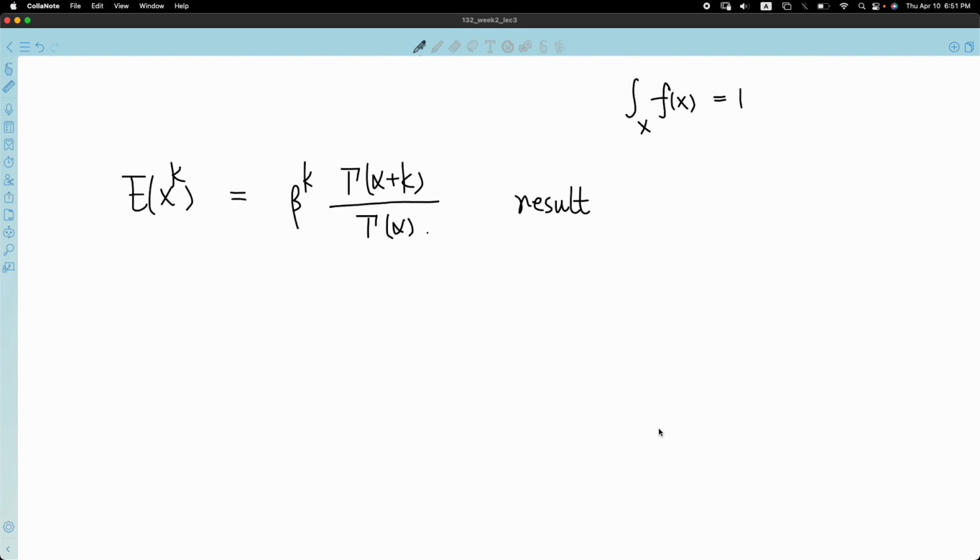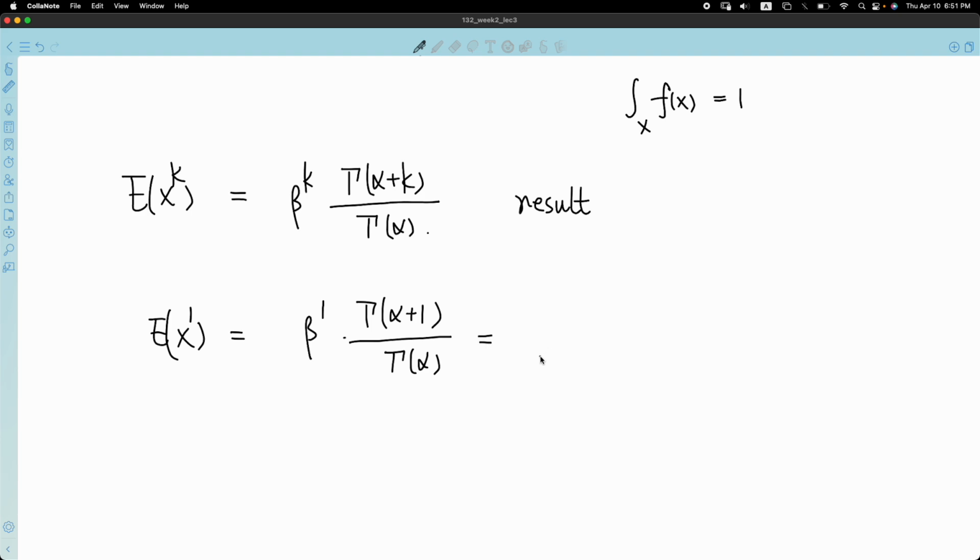Okay, so that means the kth moment for a gamma random variable has a closed form expression. So we can easily find the first moment by setting k equal to 1: gamma function of alpha plus 1 over gamma of alpha, times beta.